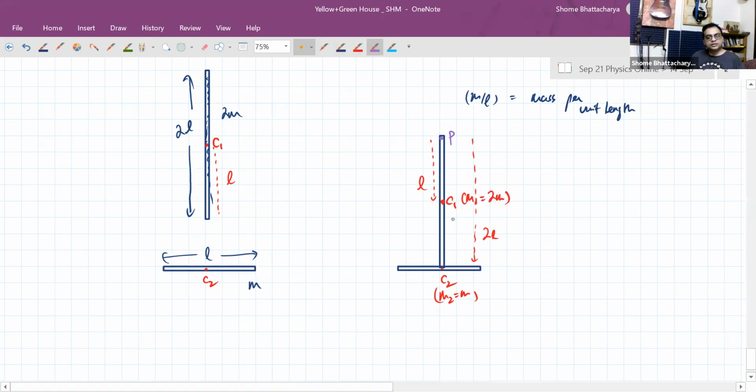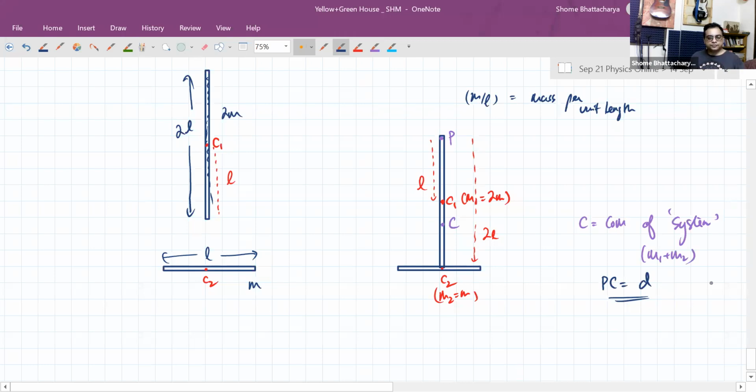So the system center of mass should be somewhere. That is M1 plus M2. So first find this, and then your distance PC will become your D in the formula of moment of inertia.